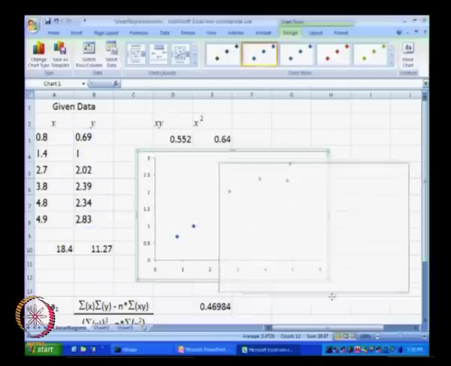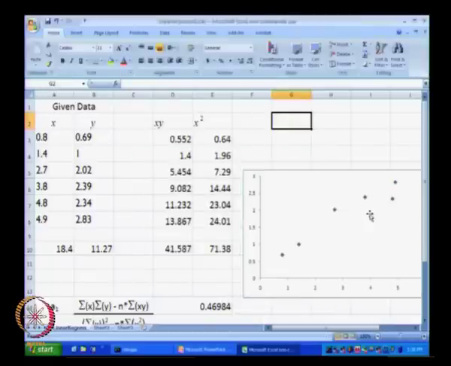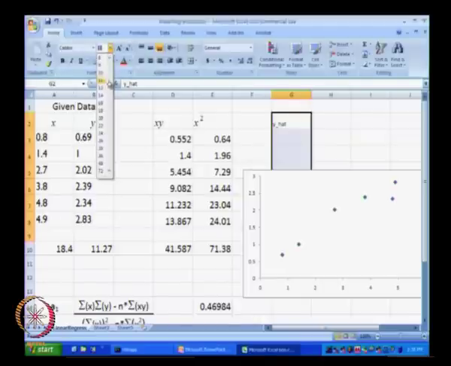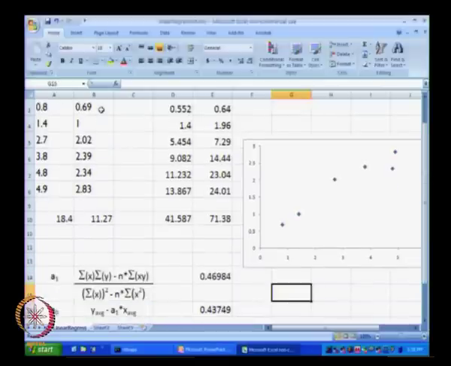Okay, this is our x versus y data, and then we will get y hat. Y hat we said was nothing but A0 plus A1x.